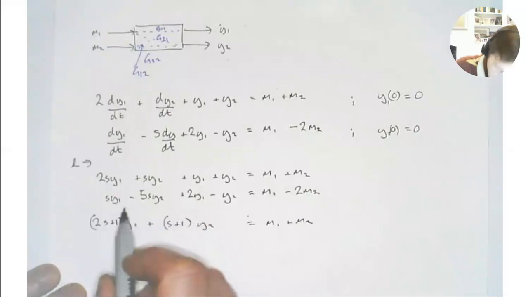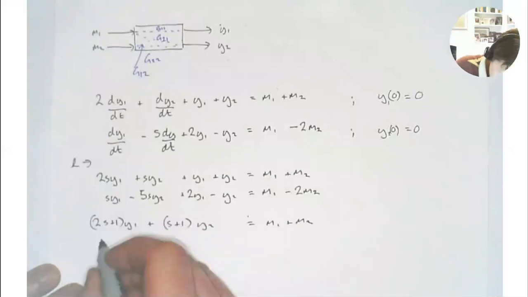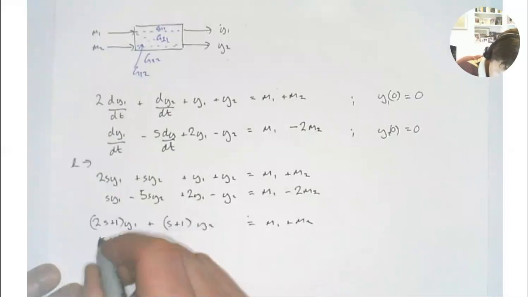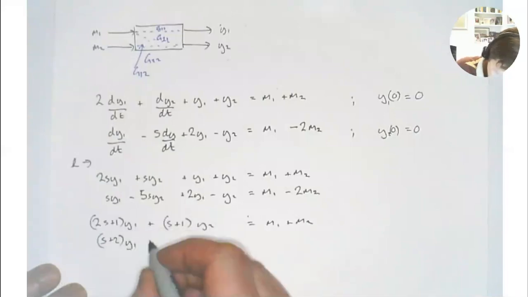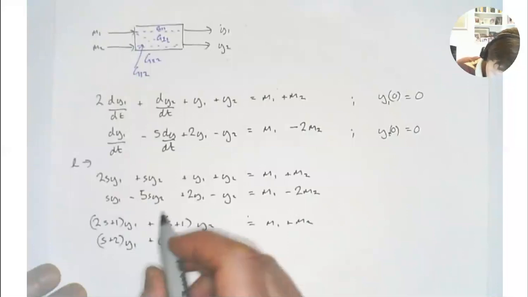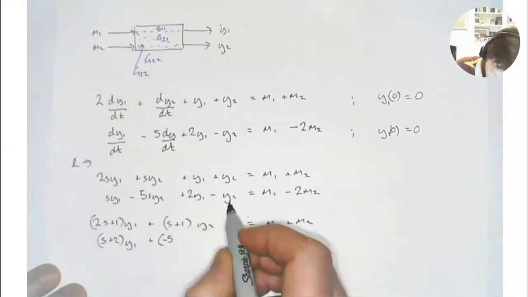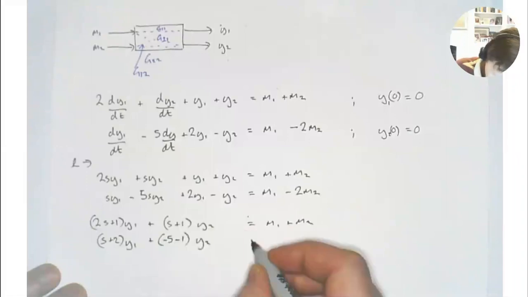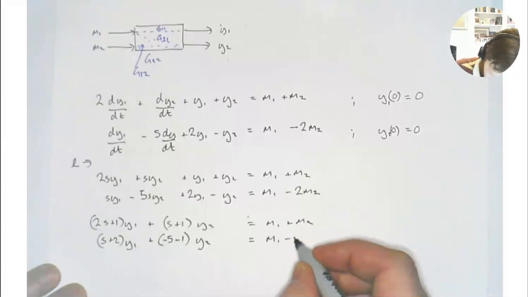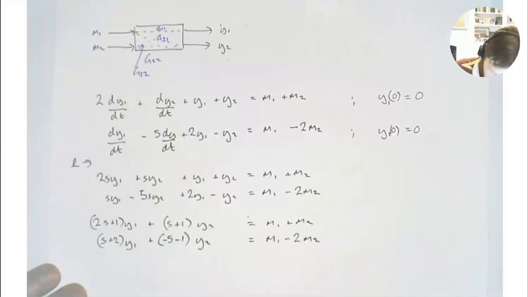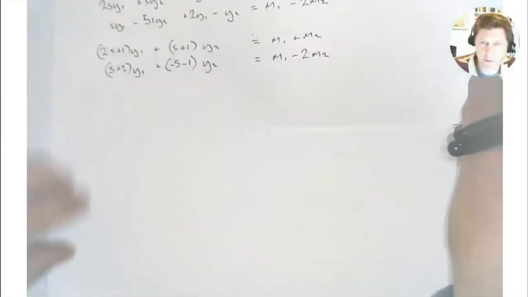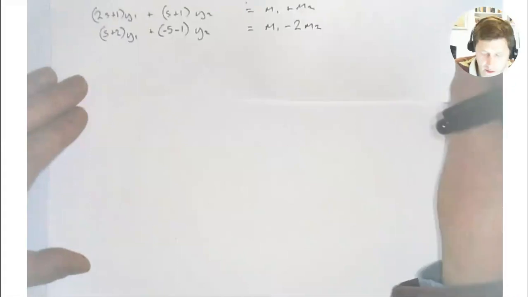And then here we've got s plus 2 times y1, and now we've got minus 5s minus 1 y2 equals m1 minus 2 m2. So having done that, we can write this out as our matrix equation.